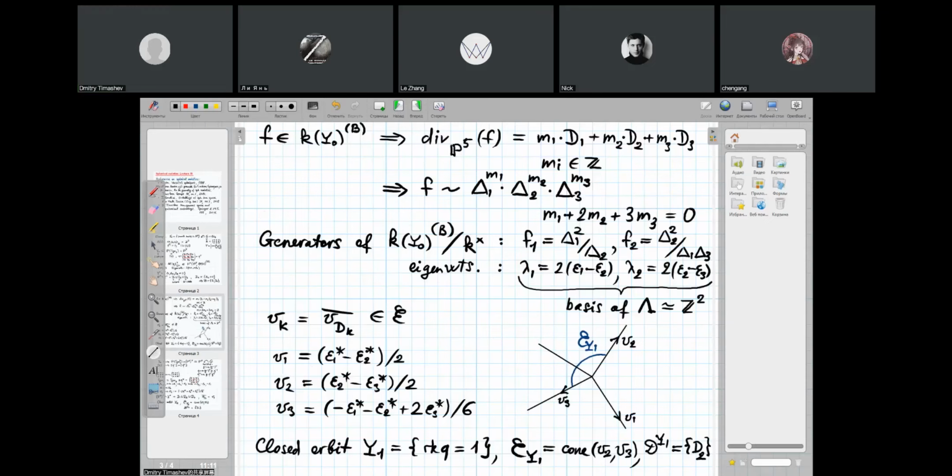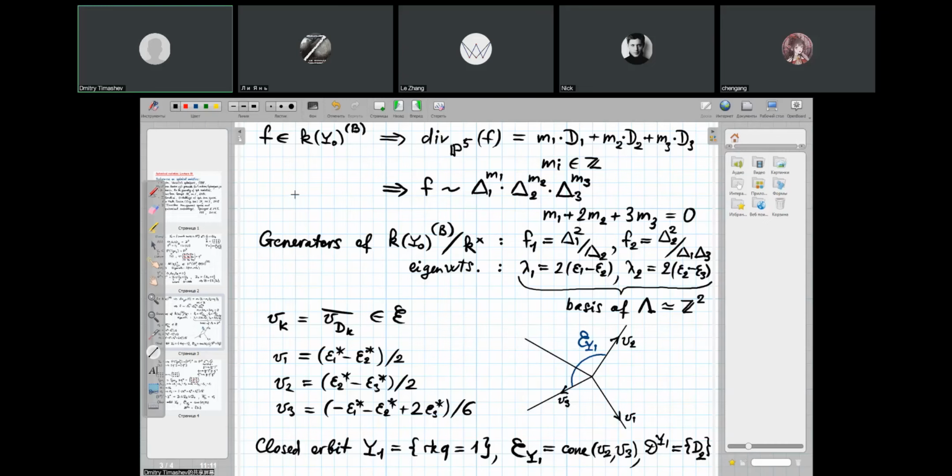I think it should be something like this. It is orthogonal, perpendicular to v2 now.